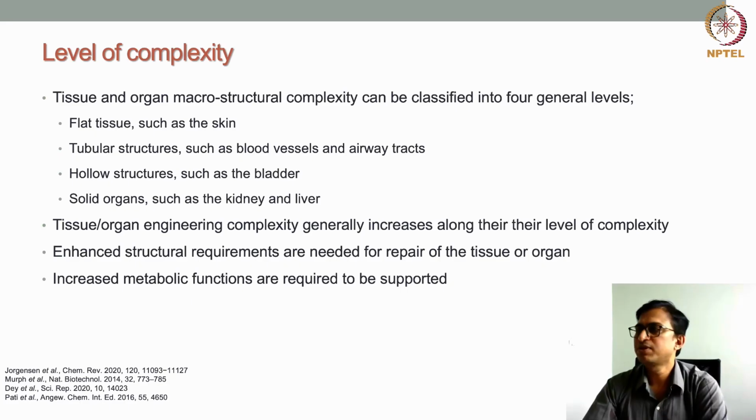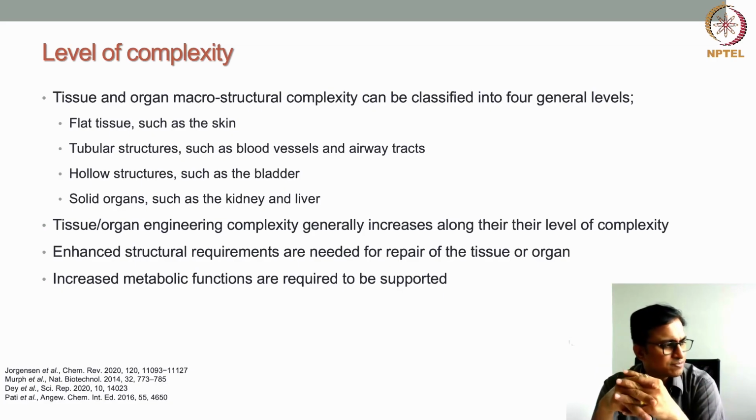Then the next level of complexity is present in the hollow structures, such as the urinary bladder and some other organs, where the complexity is a little higher than the tubular structures, because they have a typical microstructure and architecture, and because of that their function is also very different.